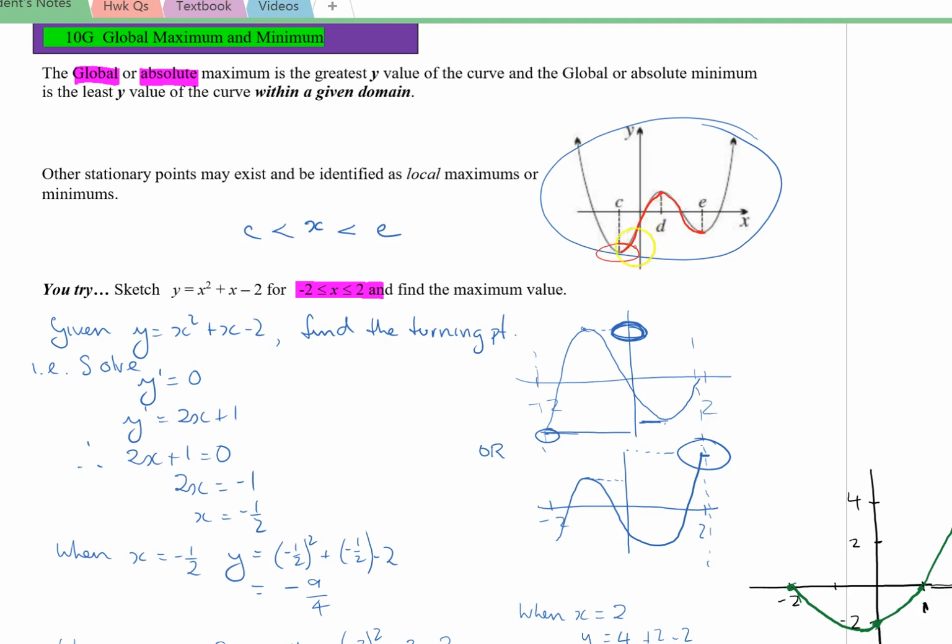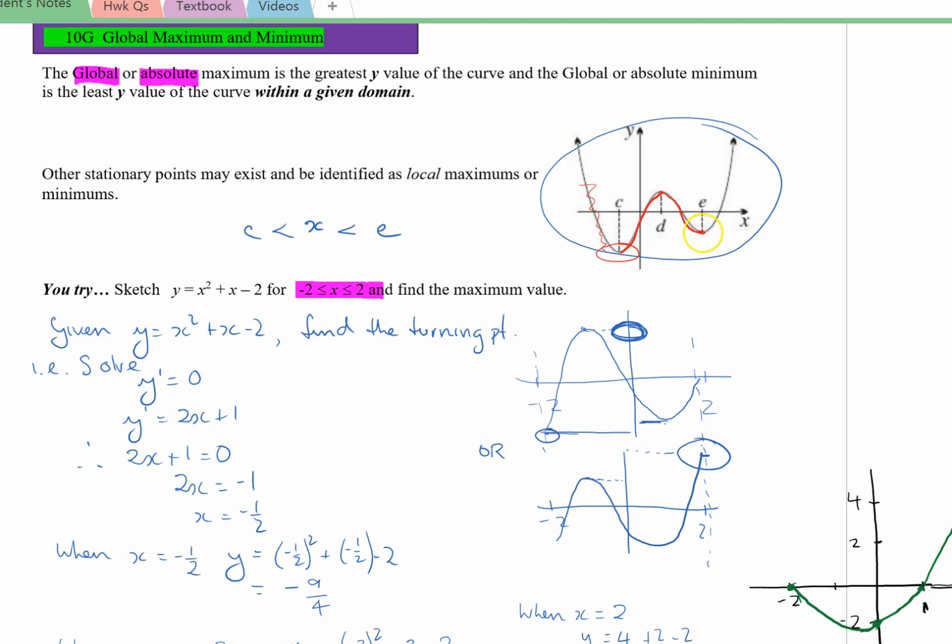If that wasn't a minimum, if we didn't know the graph did this, that it turned there, we might think that the graph's continuing on down. If it hadn't been identified as a significant point, a turning point, then we would need to check the value at the extremity of the domain down here at C and actually identify the size of it, basically.